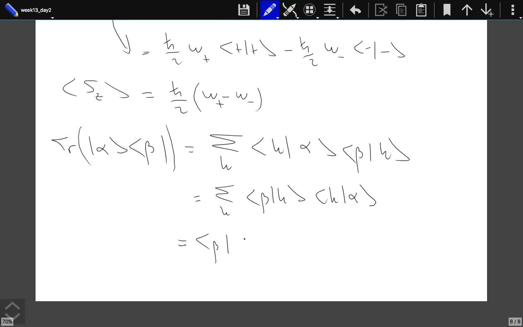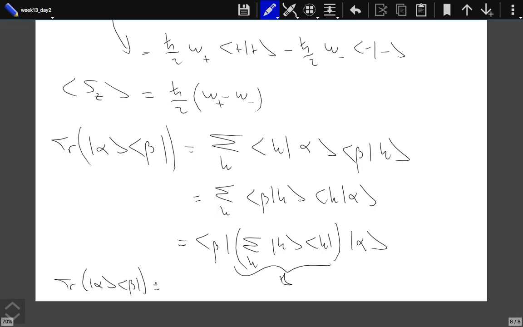This is equal to beta, sum over k, k, alpha, but this is just 1, the identity operator. So the trace of alpha beta will be equal to the trace of beta alpha in general, whatever the case beta and alpha are. So that is what I use. So this is our average Sz.